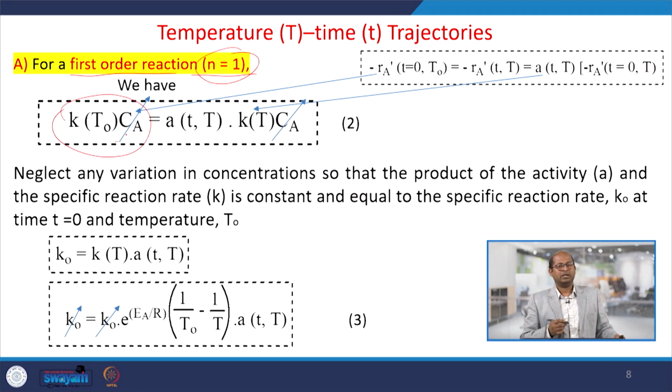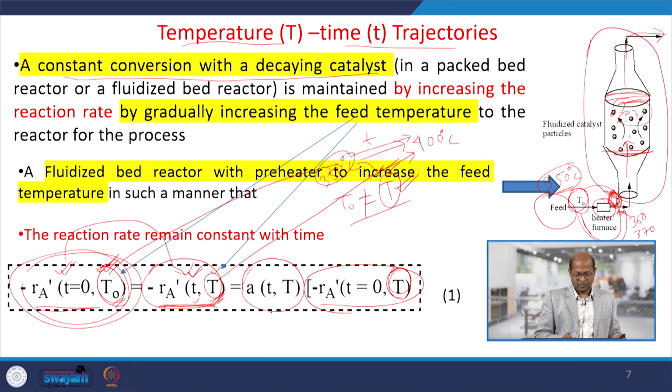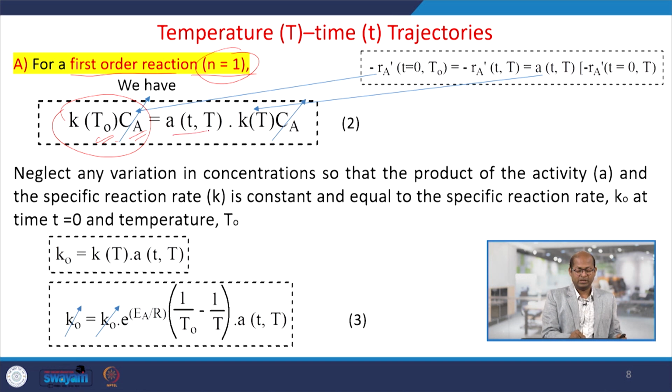That way we can write a rate constant at temperature T0, and C is the concentration, and on the right hand side you can see this is the activity and this is the rate at temperature T. So, we can write k at T, that is the reaction rate constant at this particular temperature, and this is the concentration of that particular reaction. The concentration we are not changing, only the reaction temperature will vary with the progress of time. Okay. So, then these equations we can write.